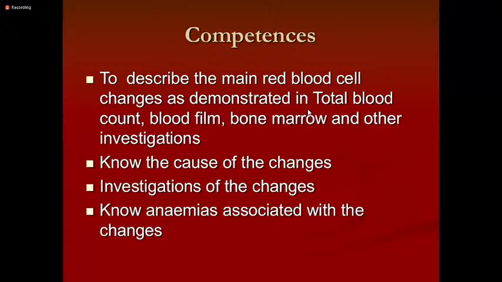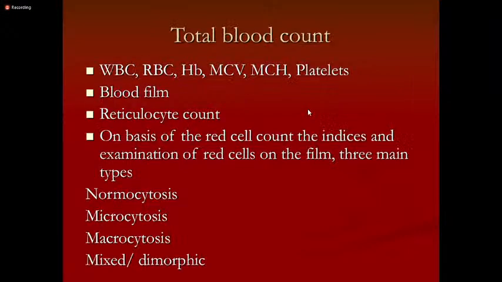The main hematological parameters that we use is the total blood count. These mean white blood cell count, including differential count, red blood cell count, hemoglobin level, and packed cell volume. The red cell count, hemoglobin level, and the packed cell volume are usually referred to as values.